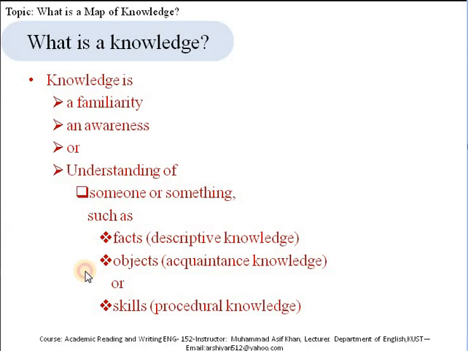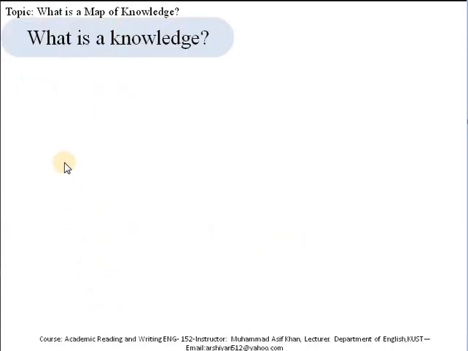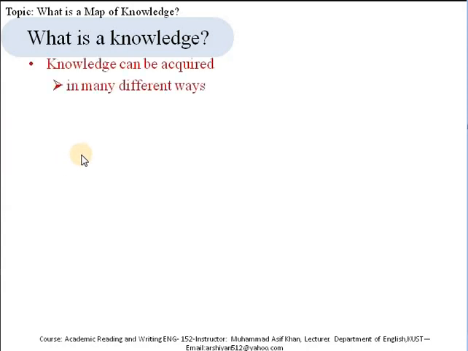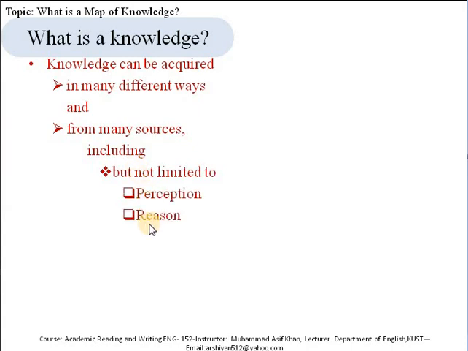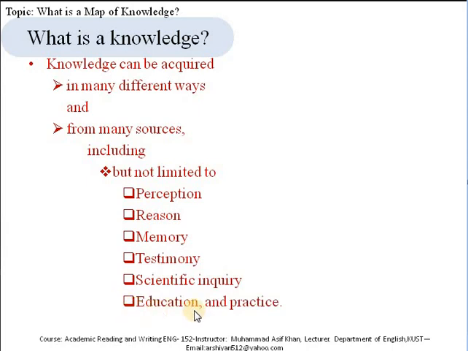Let's further explore this very topic, what is knowledge. We see that knowledge is a thing which can be acquired from different sources. There are different ways, there are different sources, and these sources include perception, reason, memory, testimony. It also includes scientific inquiries, education, and different practices of education.